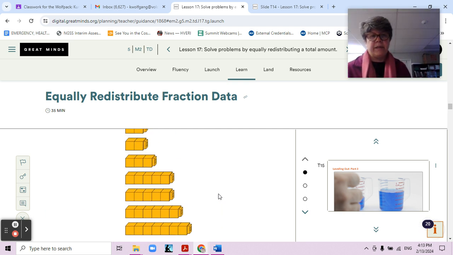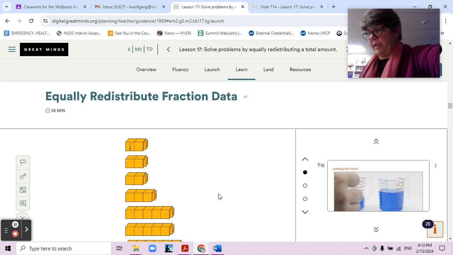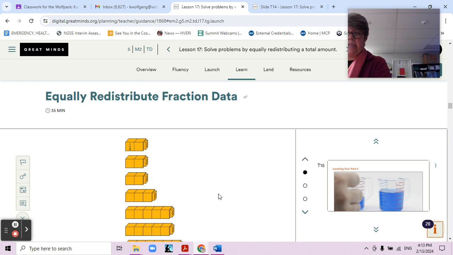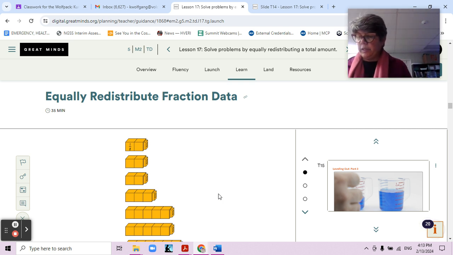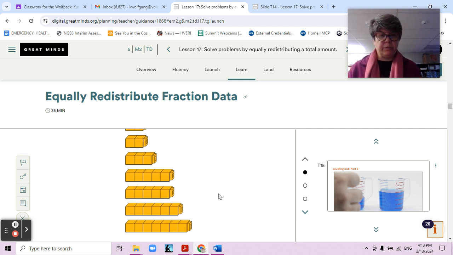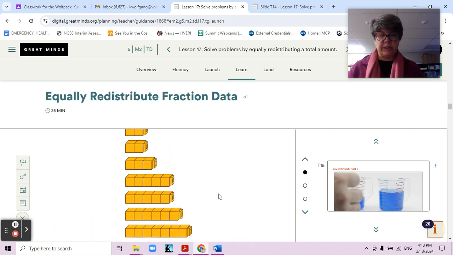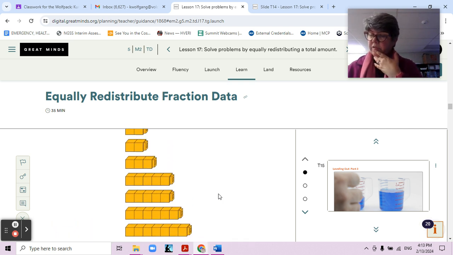All right. Now, how can we redistribute these so that each set of blocks is the same amount? Could we just take the ones from the larger and put them on the smaller until they're all even? That's a possibility.